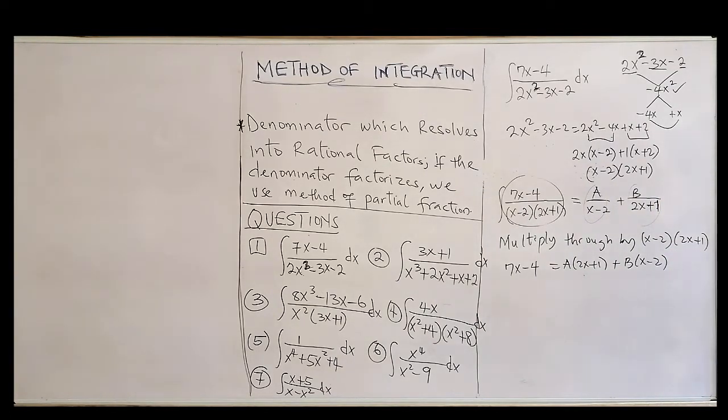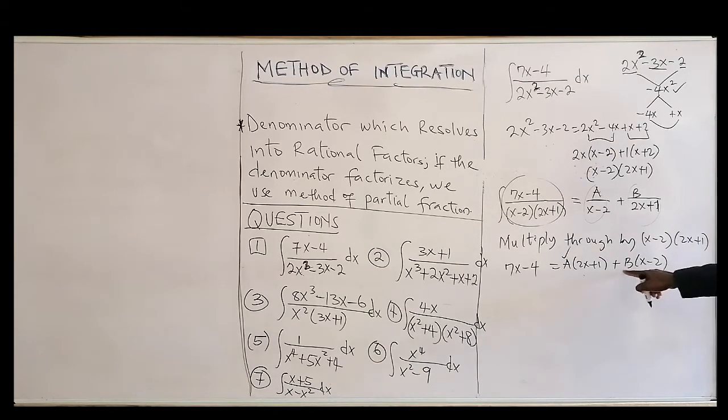Then what we do now is elimination, whereby we ensure that one constant cancels out. A is a constant that was introduced to the question, and B also is a constant that we have to get. We make a substitution for x. We look at what value of x we can use so that one of the constants cancels out.